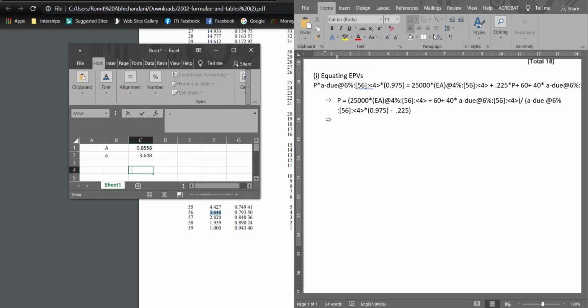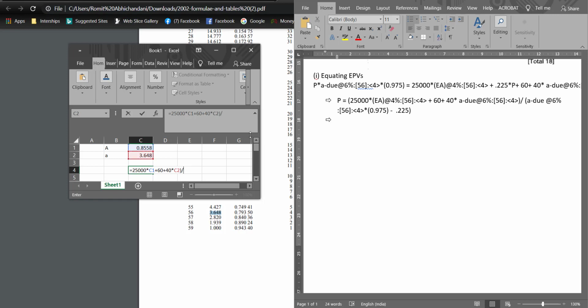So equal to, well, what do you have? You have 25,000 times what? Times your assurance factor, right? Cool. Plus 60. Okay, plus 40 times what? Times your annuity factor, right? So you close the bracket.